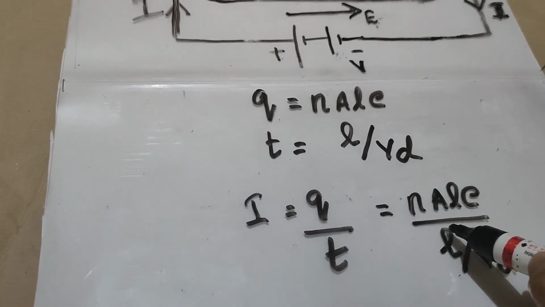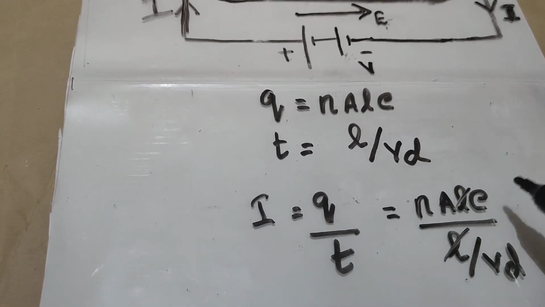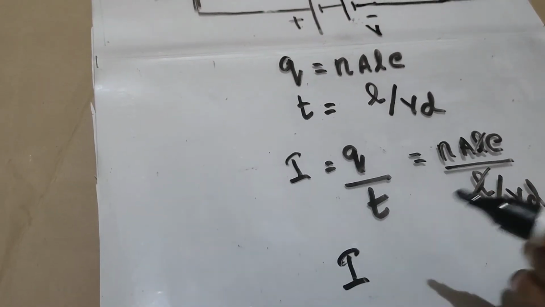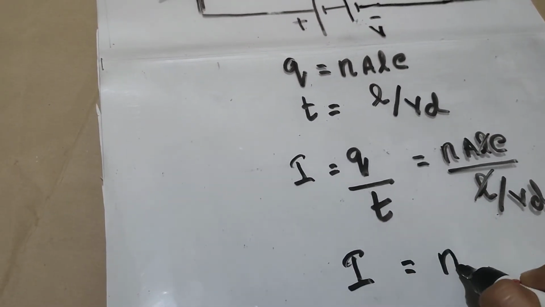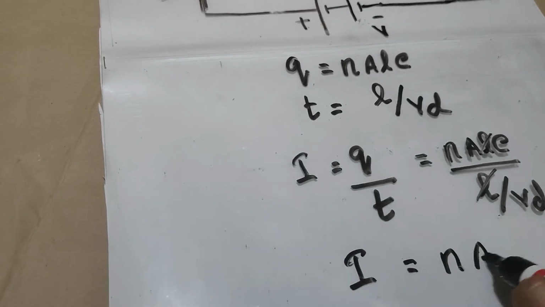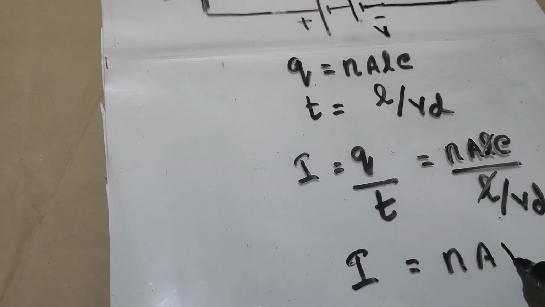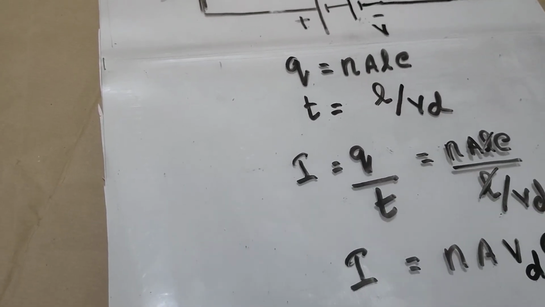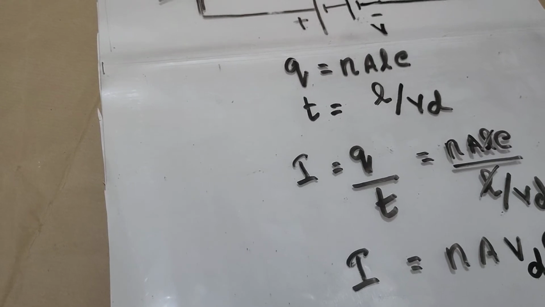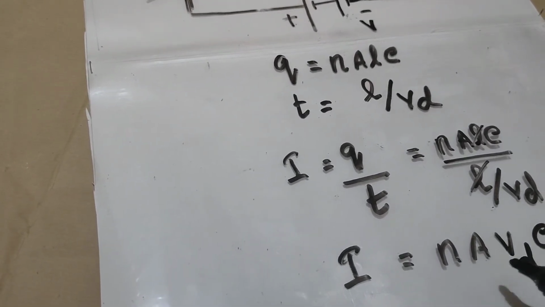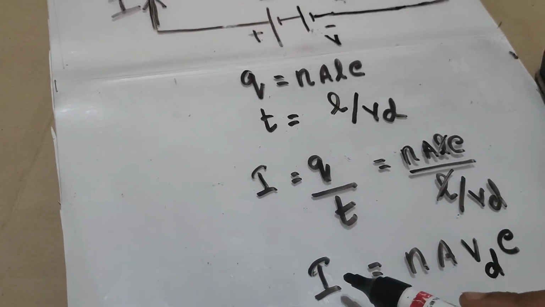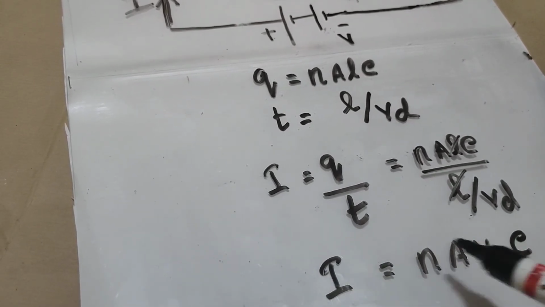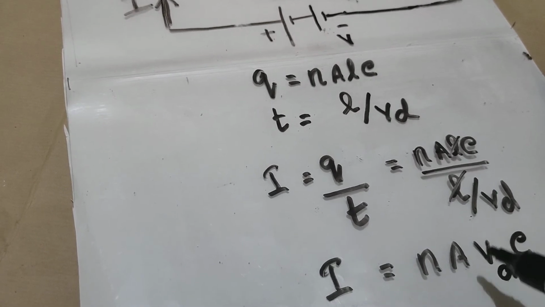L gets cancelled. Then Vd moves to the numerator. So I is equal to nAVde. This is the equation for electric current. So we have I here and Vd is also present in this equation.